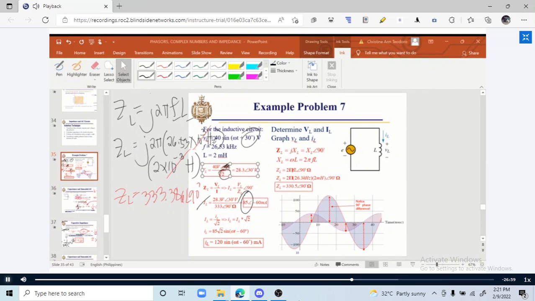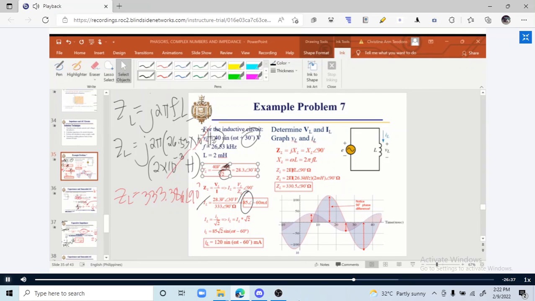Okay, so I'll repeat the given. For the inductive circuit, we have VL is equal to 40 sine omega t plus 30 degrees. You have a frequency of 26.53 kilohertz, and we have an inductance of 2 millihenry. So we are going to determine VL in capital letter and IL in capital letter.